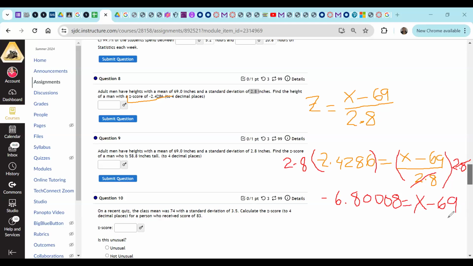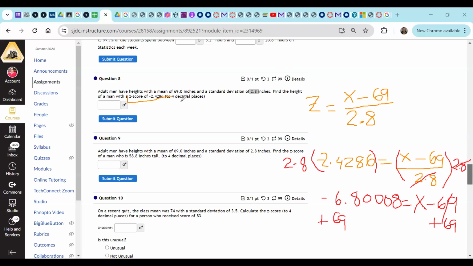Last thing will be add 69 to both sides to get the value of x. You guys go ahead, add 69 and let me know what is your answer. You can type in the chat or unmute yourself. 62.199, which rounds up to 62.2.